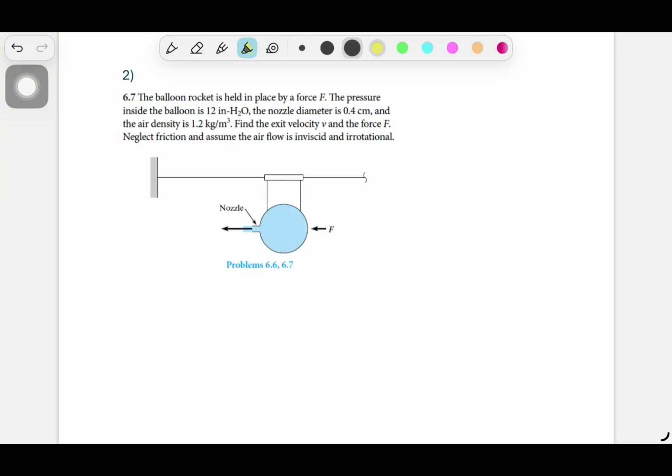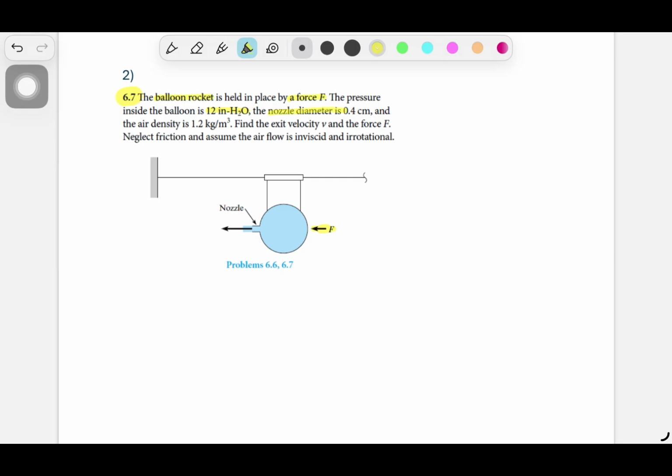Okay, class, let's continue with the second question. This is question 6.7. So we have a balloon rocket, and it is held in place by a force F. The pressure inside the balloon is 12 inches of water column. So this means this is the pressure exerted by a column of 12 inches of water.